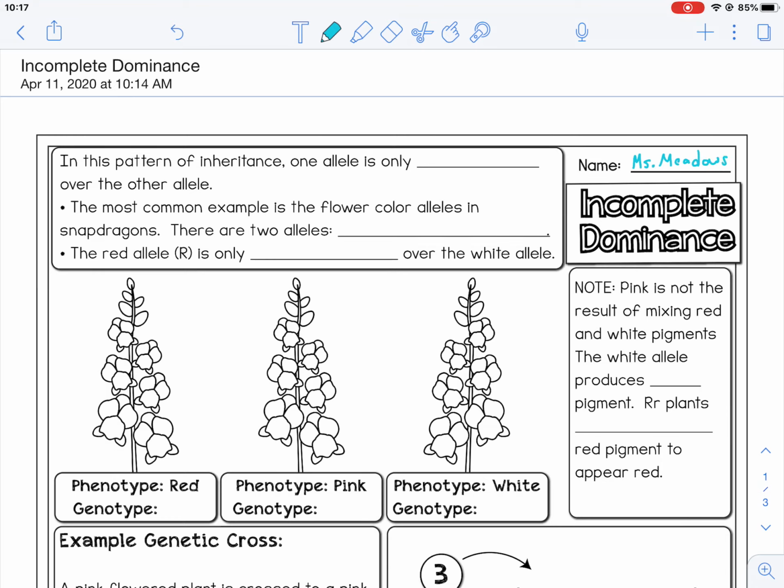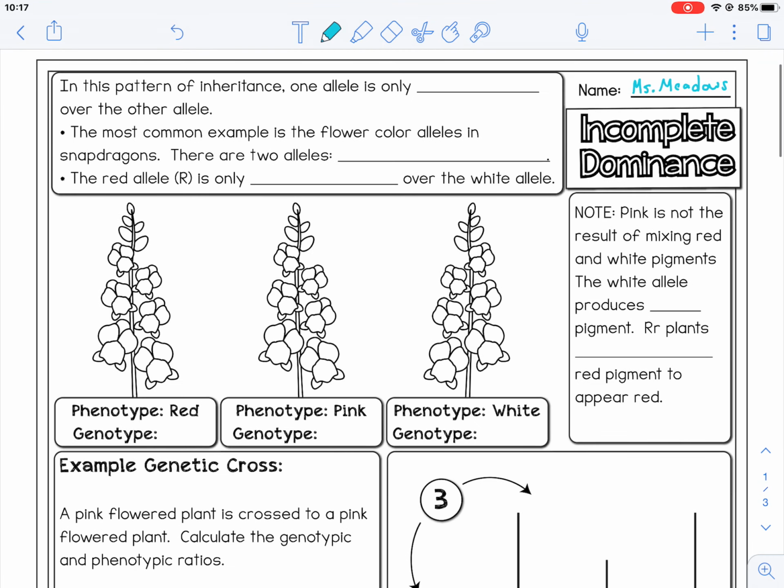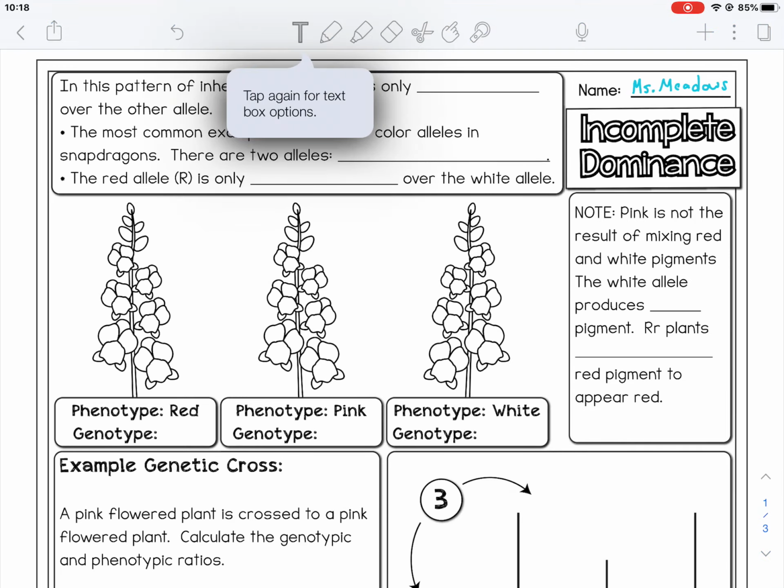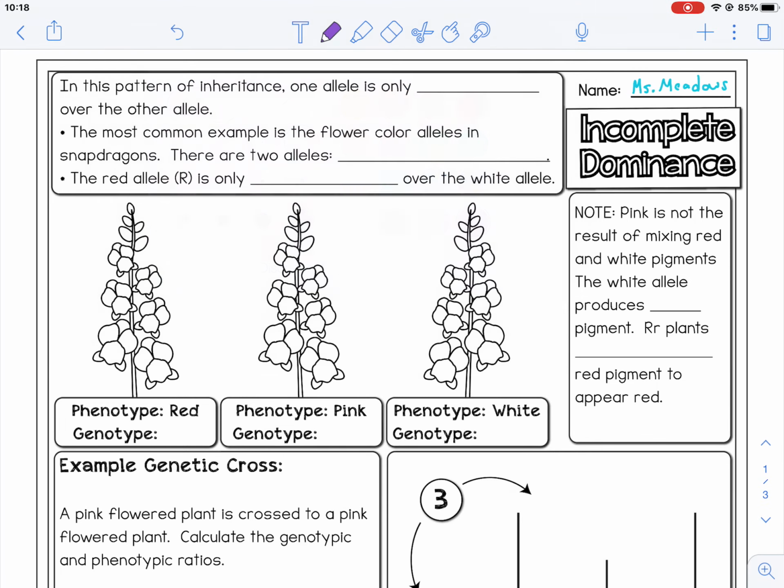Okay, so what is incomplete dominance? Well, incomplete dominance is a pattern of inheritance where one allele, and remember an allele is a form of the gene, is only partially dominant over the other allele.